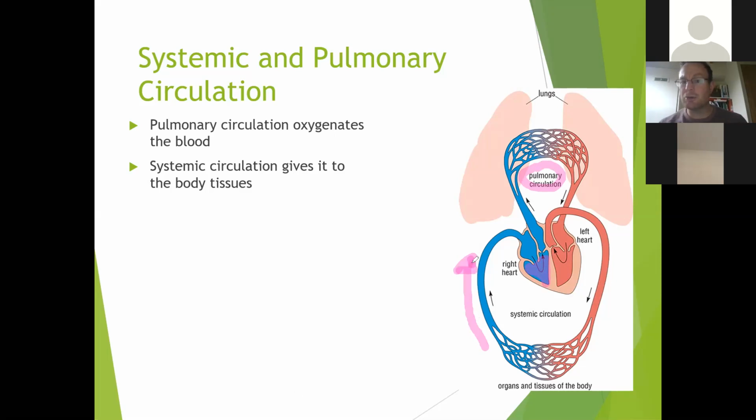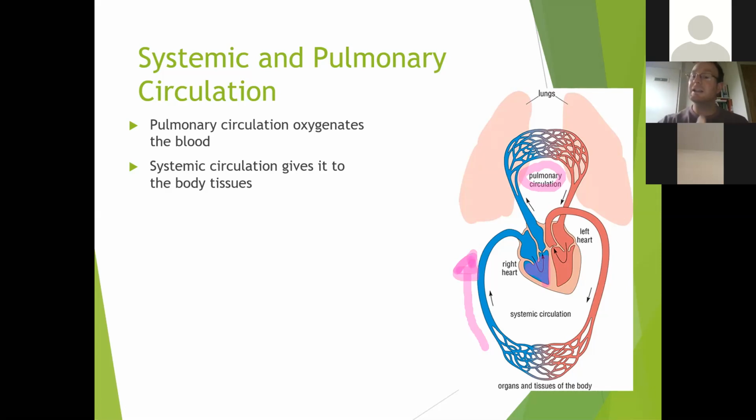It's been used, so it's deoxygenated blood, and it returns to the right side of the heart. It enters the heart, and then it's pumped up to the lungs to be oxygenated in our pulmonary circulation.